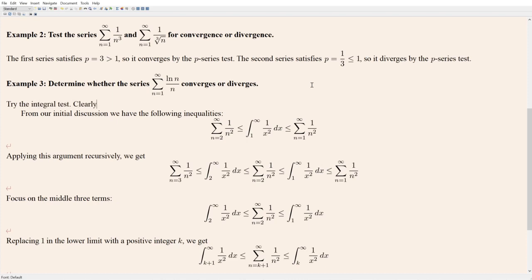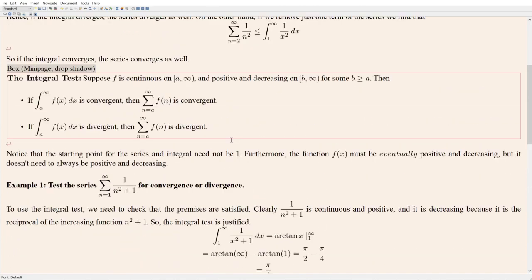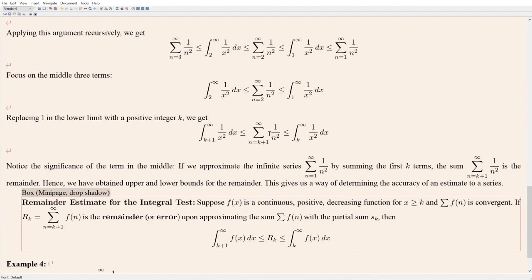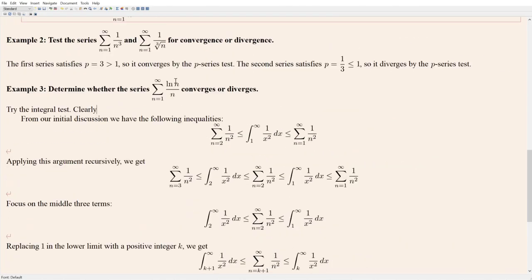So, first off, what are the premises of the integral test? Continuous. Is this continuous? Well, yes, provided we stay away from 0, because log of 0 is a problem, and dividing by 0 is a problem. But we're starting at n equals 1, and we're only getting larger from there, so that's no problem here.